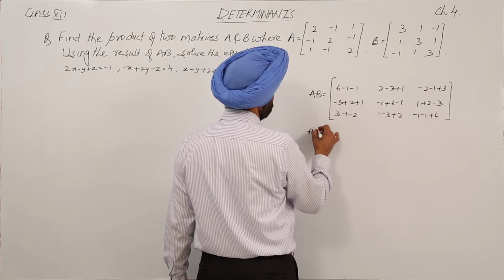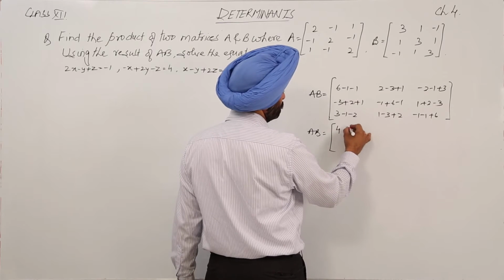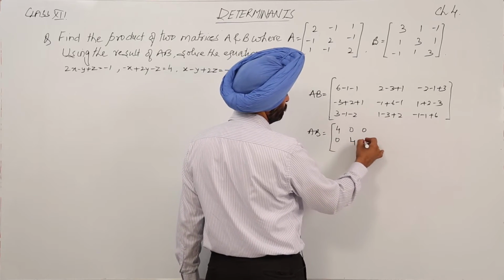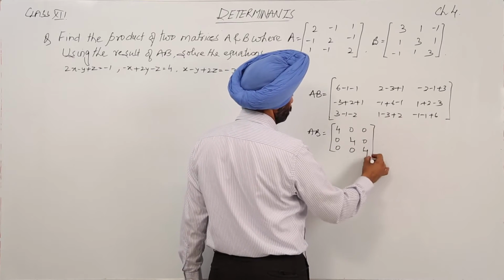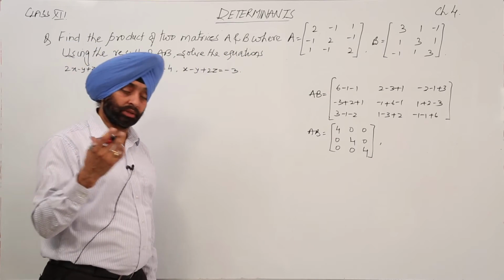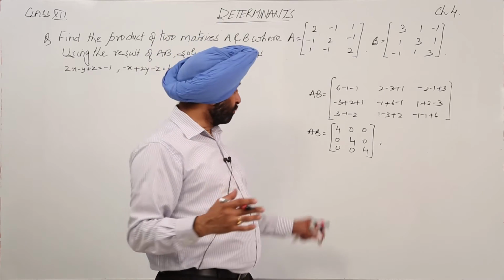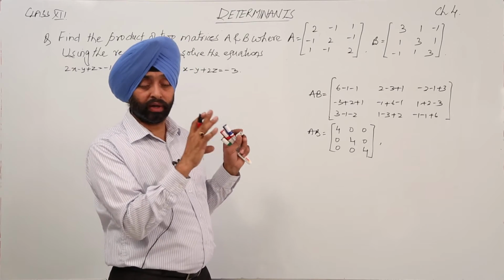AB is equal to 4 0 0, 0 4 0, 0 0 and 4. So while explaining this step, we said the product will be equal to k times I. Now the product comes as kI, which means there is no mistake in finding the product.